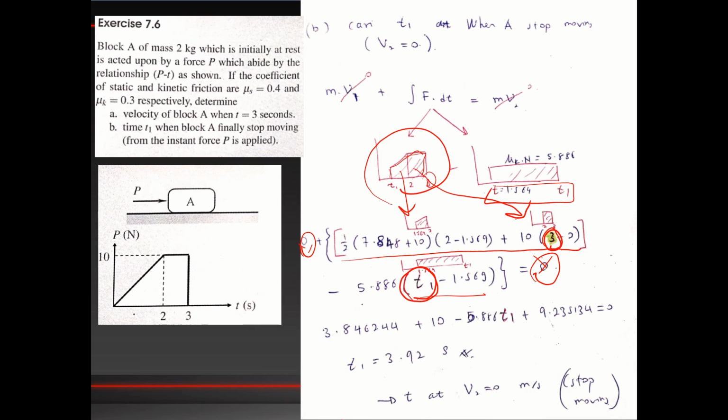Simplify the equation, and you have T1 equal to 3.92 seconds when the component stops moving because of the friction. The force is only given up to 3 seconds. After 3 seconds, the component will continue to move, and because of the friction it will go slower and slower, and at the end it will stop moving. If there's no friction, the component will continue moving.